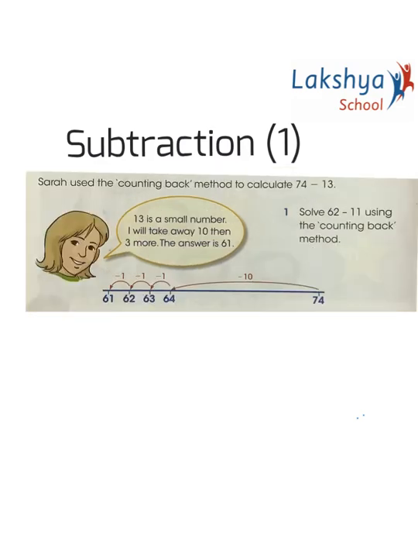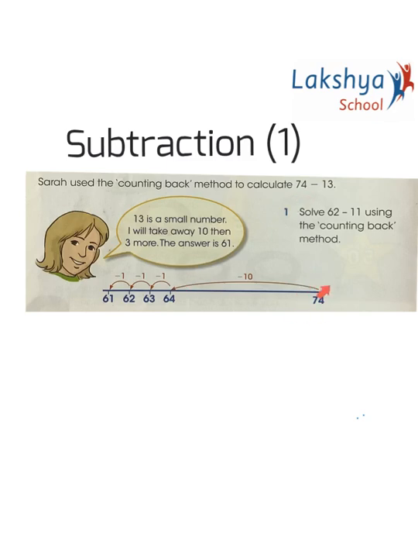The second method is called the counting back method. Sarah used the counting back method to calculate 74 minus 13. In this method, we keep taking away some amount from the bigger number. So over here 13 is a small number. First from 74 I can take away 10 and then take away 3 more.